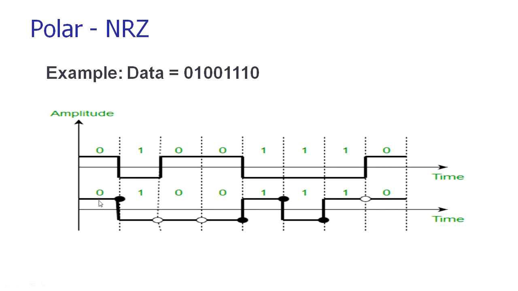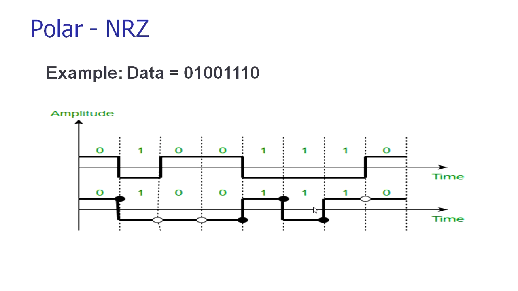If there is no transition, it means it is a 0, and when there is a transition, it is represented by a blocked dot. So you have a 1 here and another 1, 1, 1. Wherever you get a transition from 0 to 1, it is indicated by a darker dot. So this is the interpretation of non-return to 0.